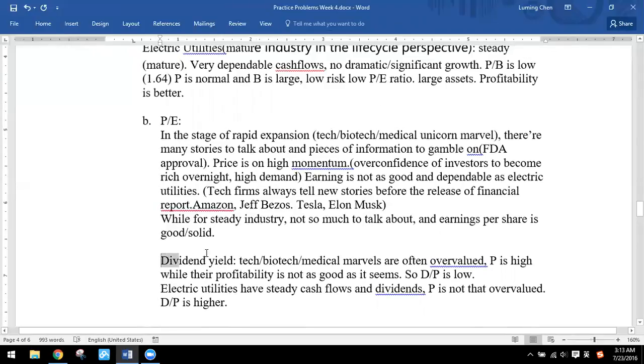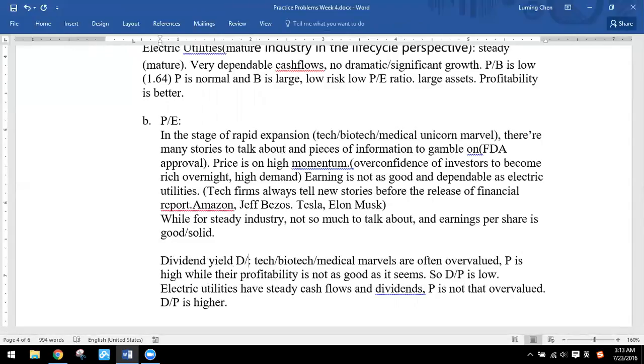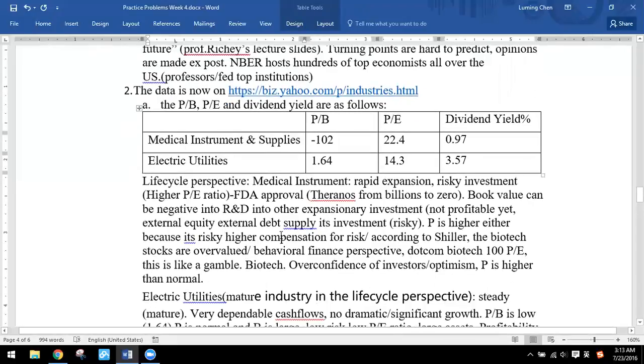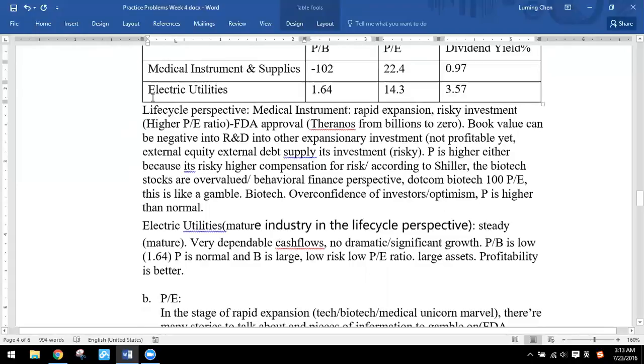For the dividend yield, which is the dividend over price, the same analysis applies because the medical instrument and supply industry overall has not so stable cash flow as the electric utilities.